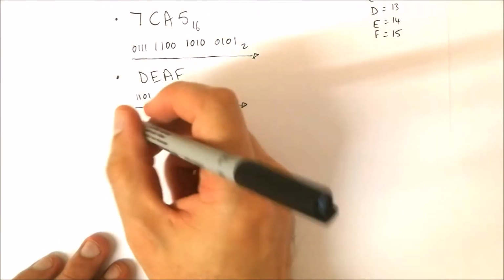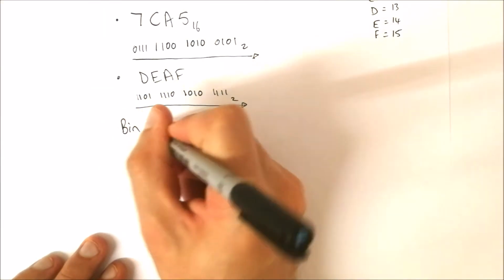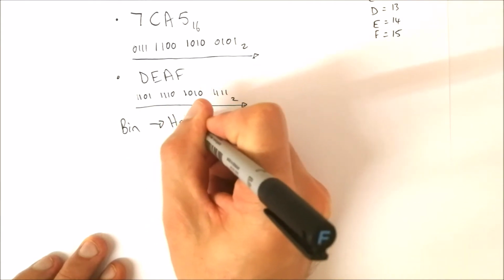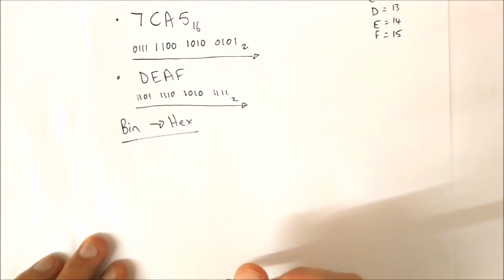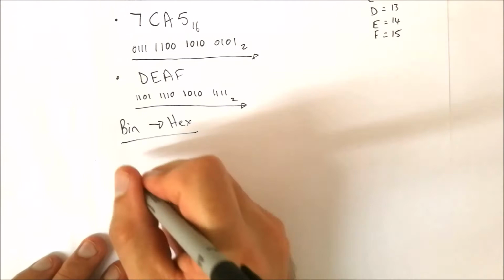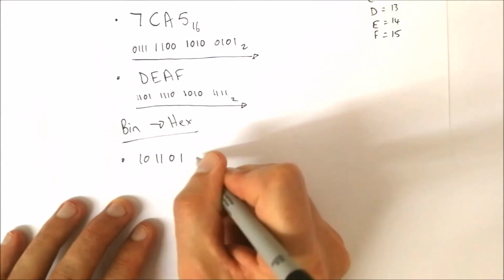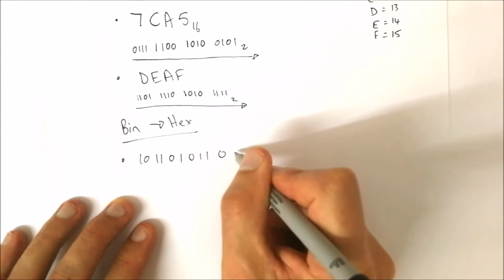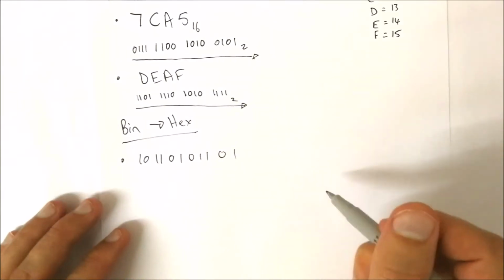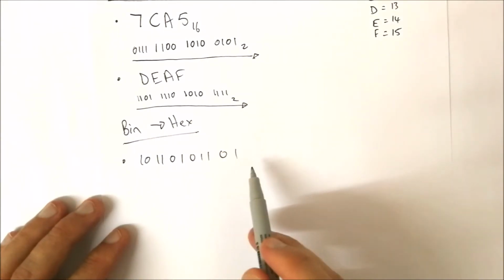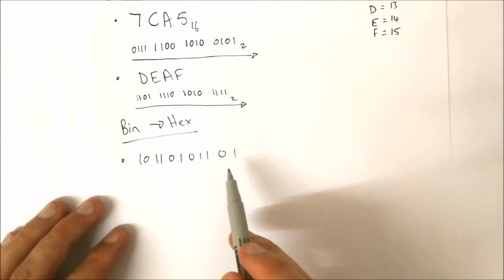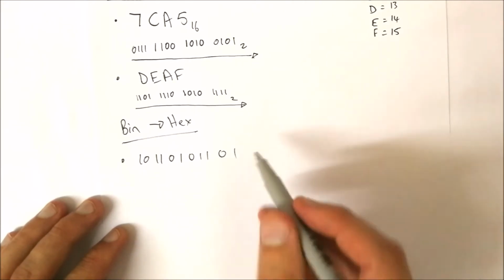What happens if we want to convert binary to hexadecimal? Again, a very similar fashion. Take 101101011101, for example. Now we're going to split it up from the right hand side into sets of 4 bits.